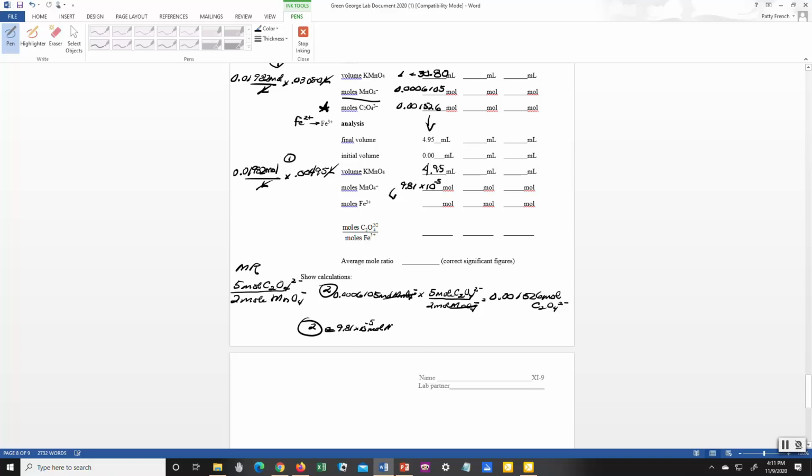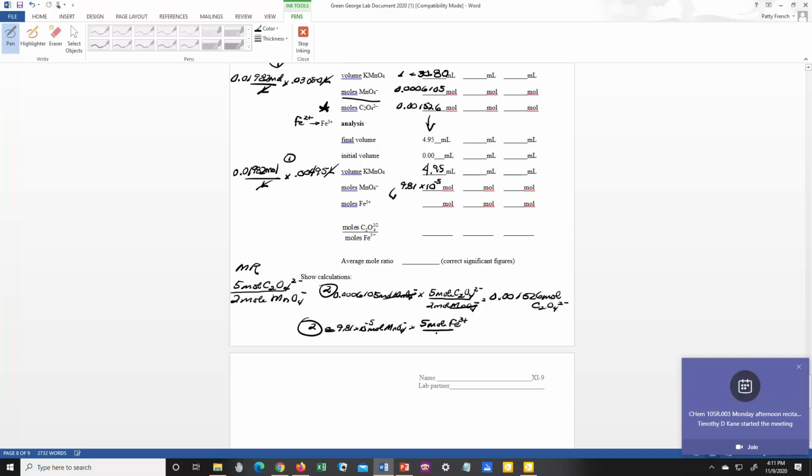Now, the molar ratio for this second equation, I want you to look back at the equations and then come back and see, yes, it's 5 moles of iron per 1 mole of permanganate.